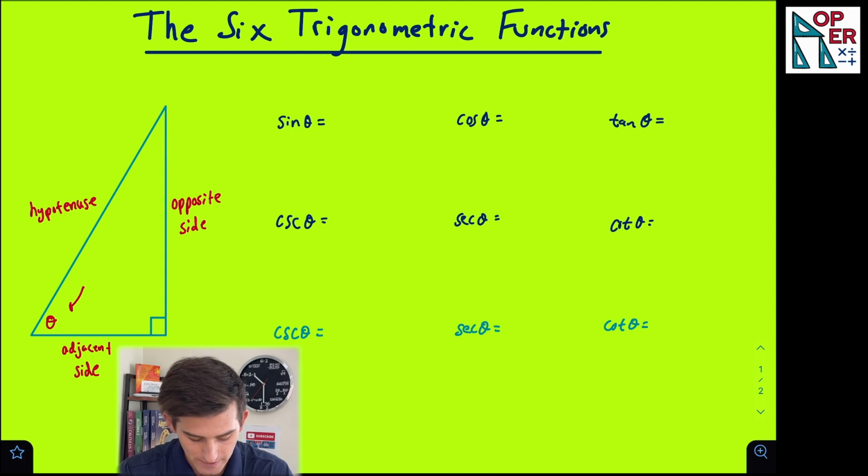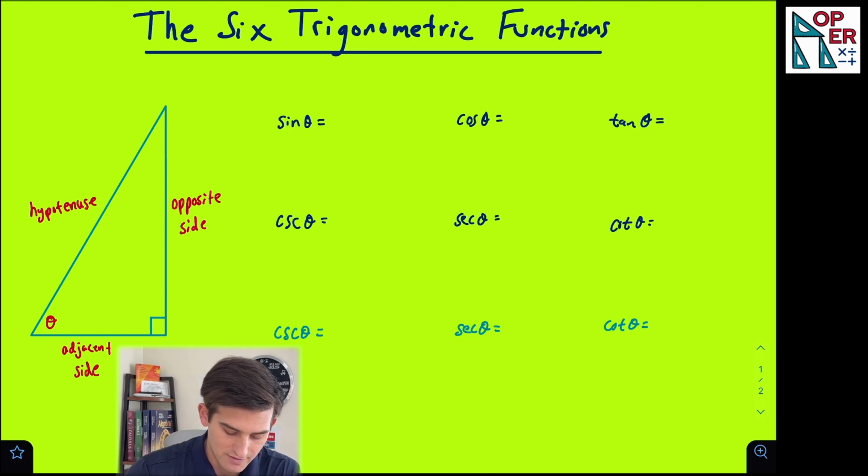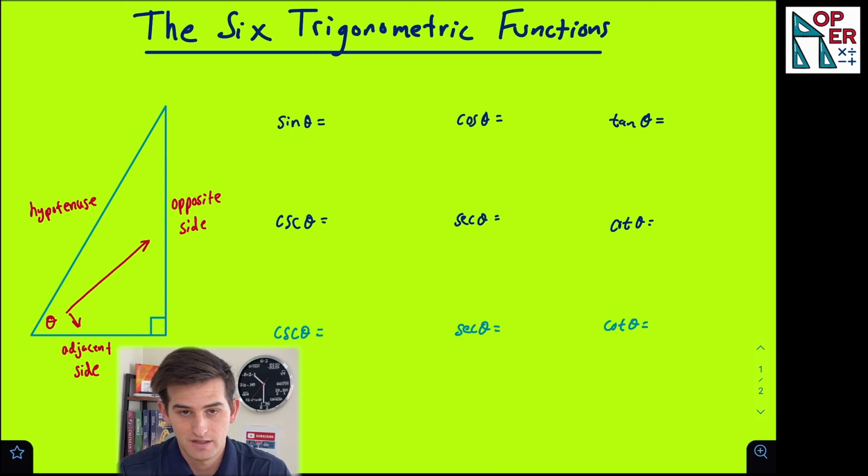Right? No questions there. Now the other two sides are named in relation to our angle. So here we have our theta, our Greek letter, in our bottom left-hand angle, what we're looking at here on the screen. So we have two other sides. These would be considered the legs of the right triangle. One of the sides is opposite of theta, and the other one here is adjacent to theta. And so that's where those names come from, opposite and adjacent.